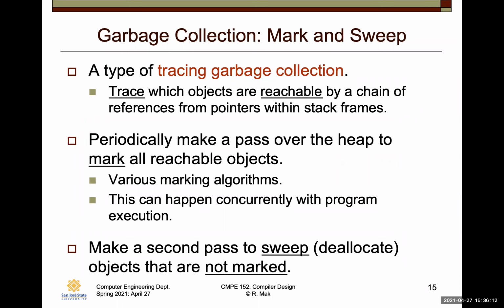And then after it's made that sweep, marking all the objects that it was able to reach, the first pass is called marking, okay? So it's going through marking all the objects that it encounters by following all the pointers. And then the second phase, the sweep, is going to go through, and all the objects that were not marked are garbage. During that sweep phase, it will deallocate those objects, okay?